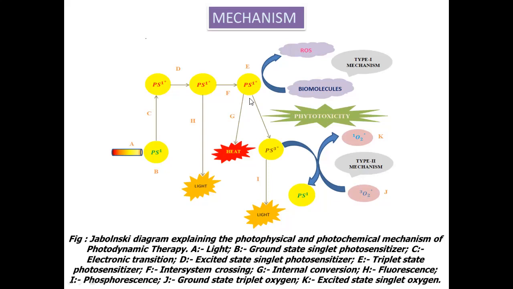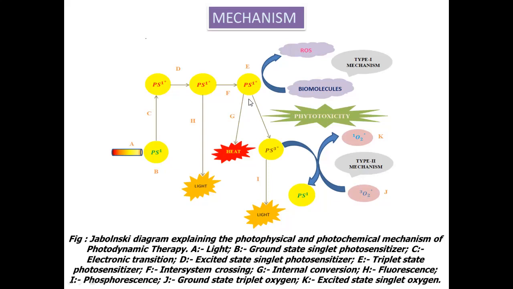When in the absence of macromolecules, the reaction will go like this: the photosensitizer will be in the triplet excited state. Now, it will directly transfer the energy to the oxygen molecule in the basic triplet state, as they have the same spin. Here in the type 2 mechanism, there will be the same spin.